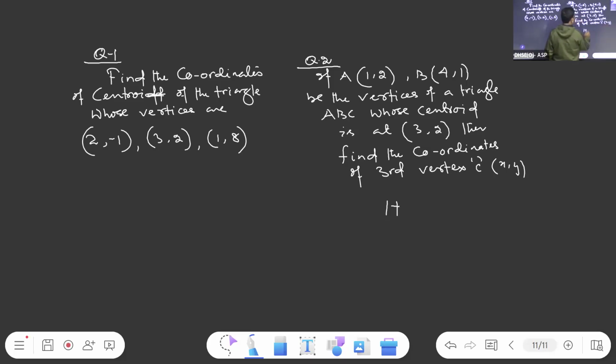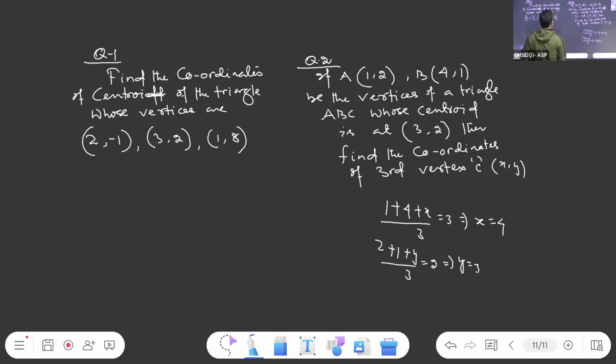So (1 plus 4 plus x) upon 3 is equal to 3. Implies x is equal to 9 minus 5 is equal to 4. Then (2 plus 1 plus y) upon 3 is equal to 2. So y is equal to 3. Okay, x is equal to 4 and y is equal to 3. This is the answer. Next question.